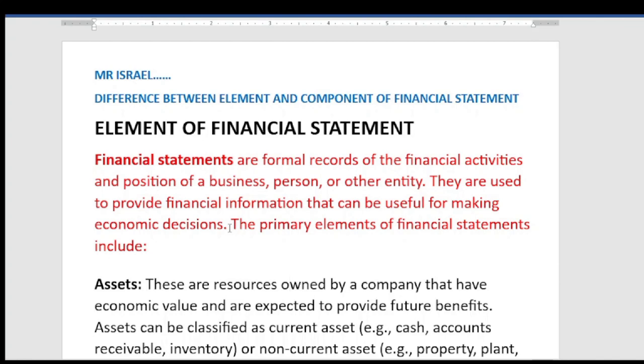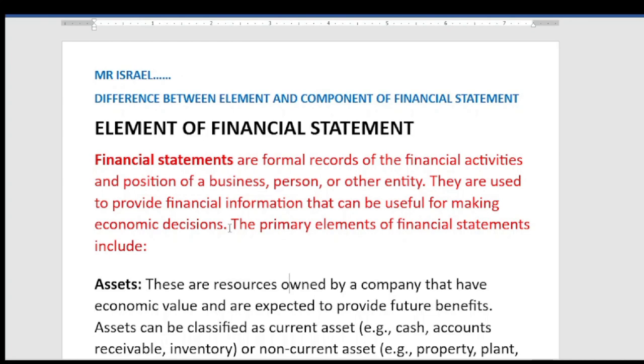Very important: there are financial activities and position of a business. It could be a business, a person, or an entity. But it must be a financial activity that will make the end users, me and you and other users of this financial record, make decisions out of it.